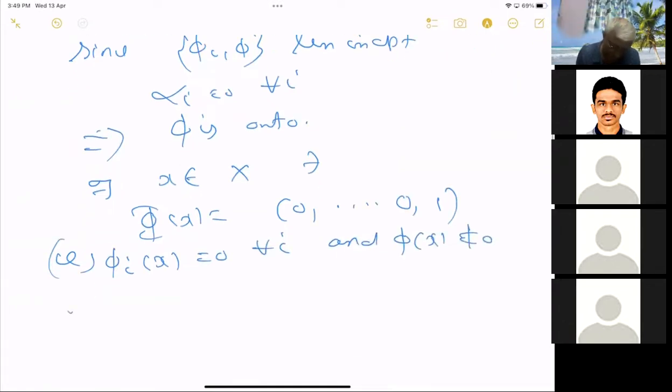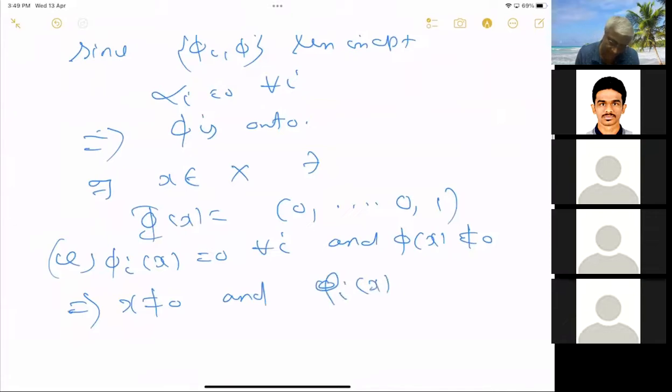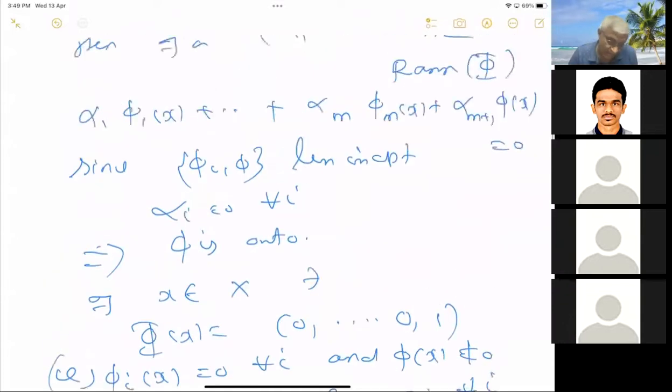So this implies x is not equal to 0, because phi of x is not equal to 0. Phi_i(x) equals 0 for all i. Maybe I should have used a different indexing, but that doesn't matter. So this is our initial lemma.